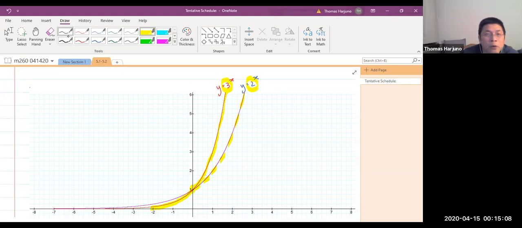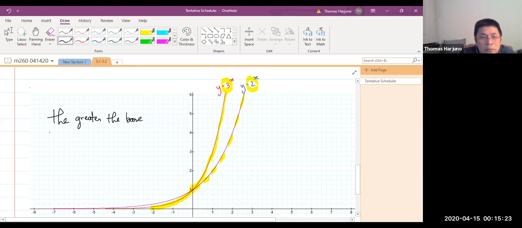As if it is the following. The greater the base, the faster it escapes to infinity, and the faster it approaches the horizontal asymptote.